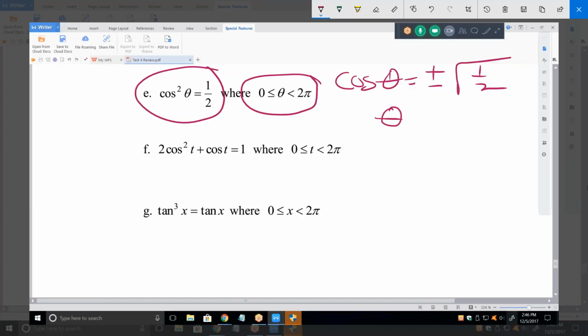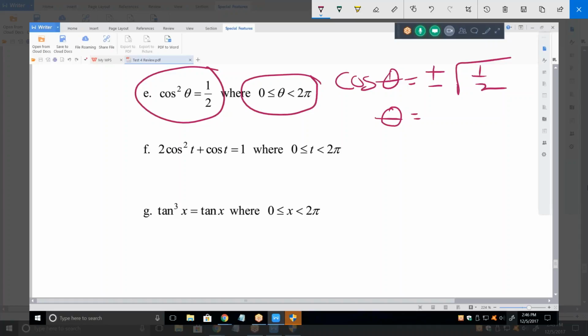You can get this out of your calculator. Just do the inverse cosine of square root of 1/2. No, I did it wrong.